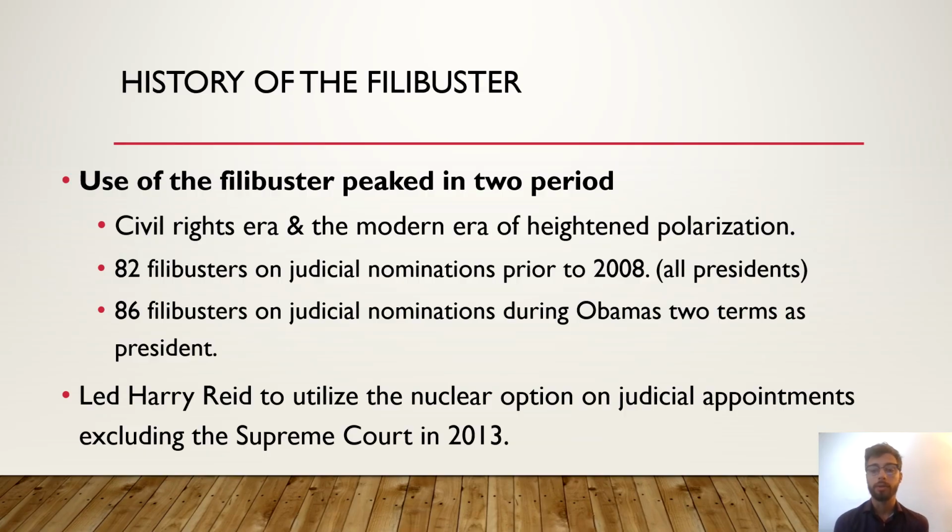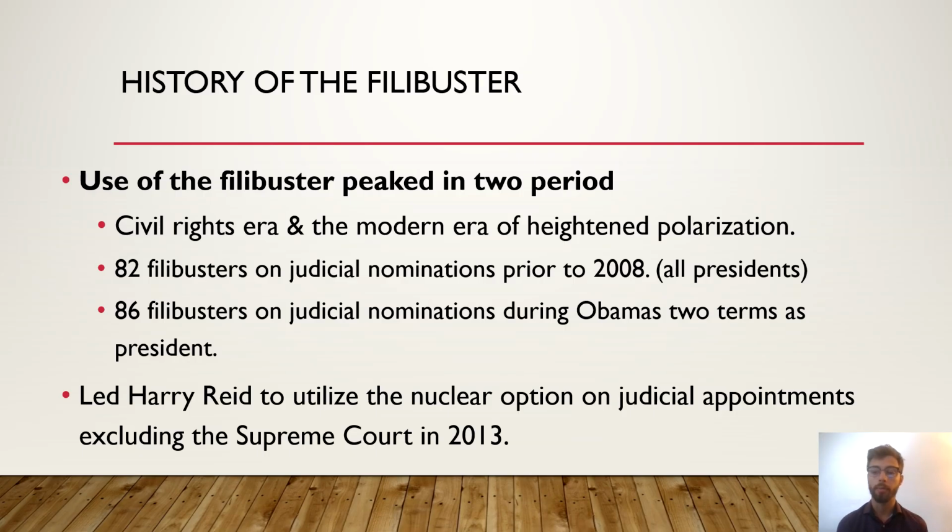And we do see in recent years, and this is why we see the use of the first nuclear option, that during the presidency of Barack Obama, there were 86 filibusters on judicial nominations. These are the nominations provided by Barack Obama to maintain federal judge positions.